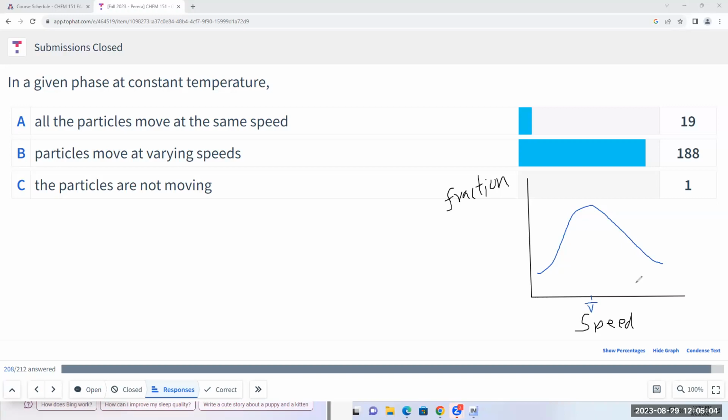This is kind of important. Even just this explains the phenomenon called evaporation. What happens in evaporation? The particles with the higher speed, that is the particles over here, can escape the attractive interactions in the liquid phase and go into the gas phase.